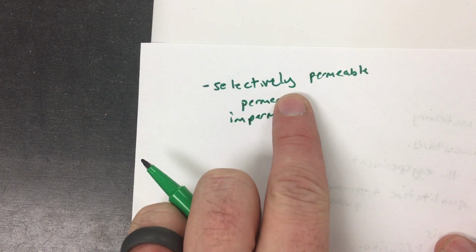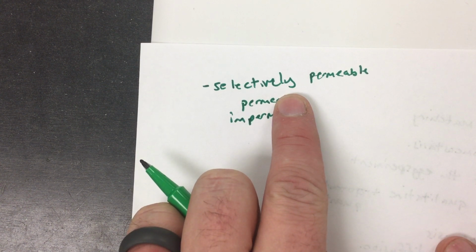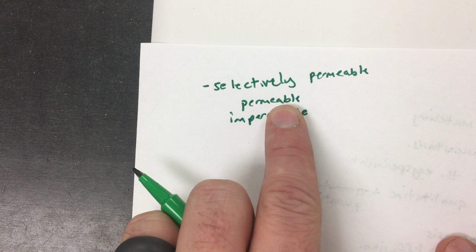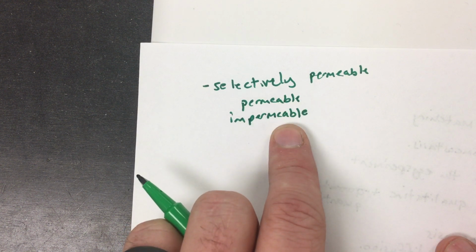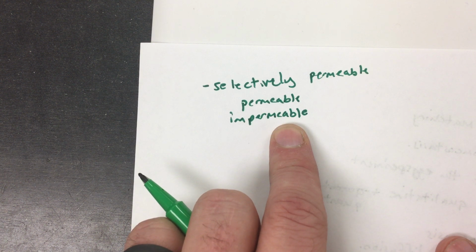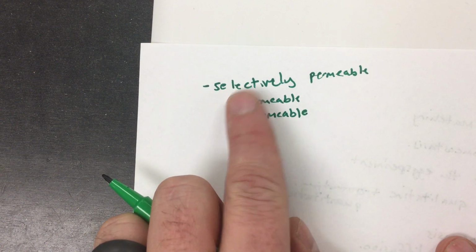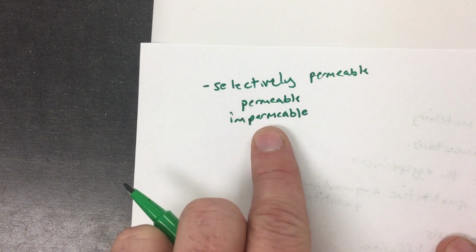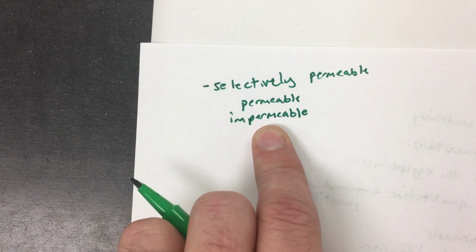Selectively permeable means what type of things can go through? Selective things. So some things go through. Permeable means all things go through. Impermeable means nothing. So a selectively permeable membrane is permeable to some things, impermeable to other things.